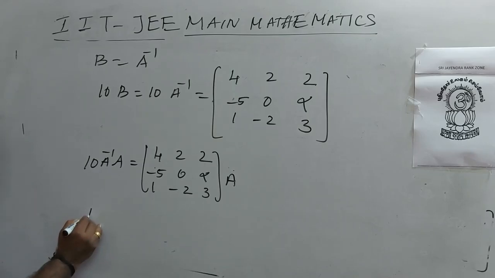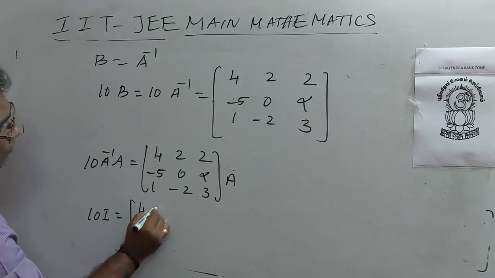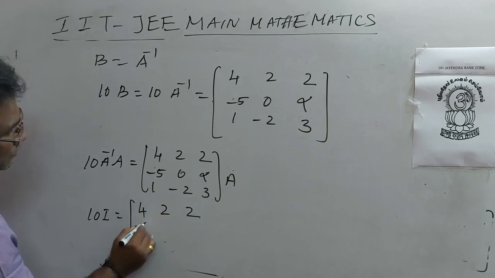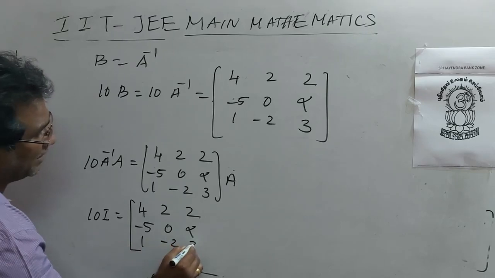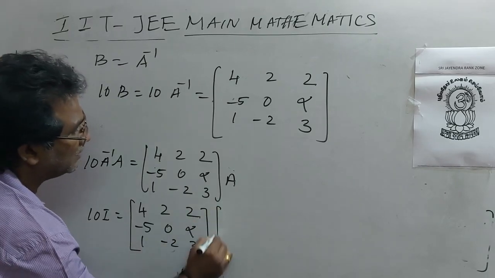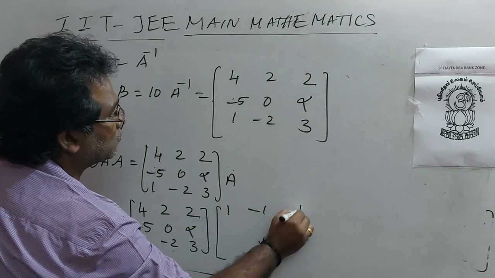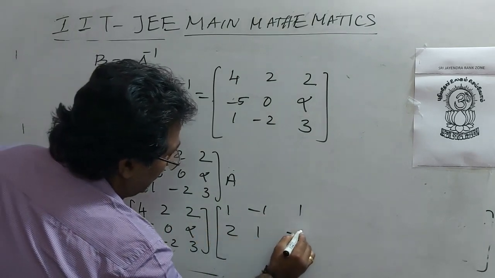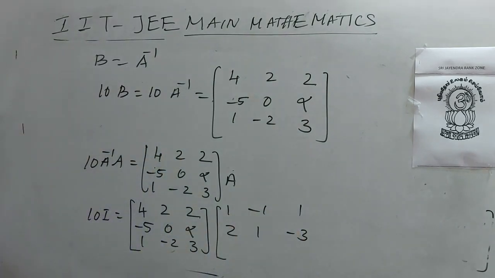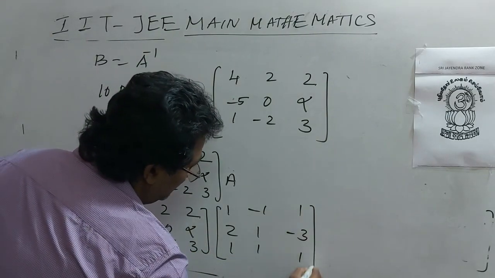That is 10I equal to 4, 2, 2, minus 5, 0, alpha, 1, minus 2, 3, into, you write the value of the matrix A: 1, minus 1, 1; 2, 1, minus 3; 1, 1, 1.